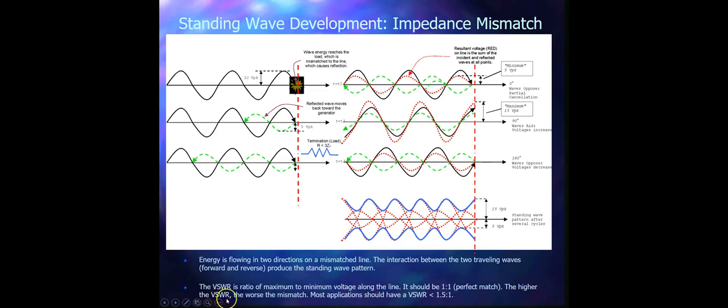The higher the voltage standing wave ratio, the worse the mismatch, and most applications should have a voltage standing wave ratio less than 1.5:1. So this is the way to check how your transmission line is. It is perfect if you have a 1:1 ratio, and it should be less than this value.